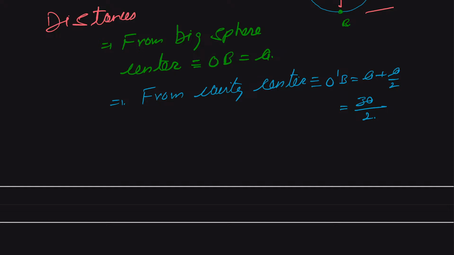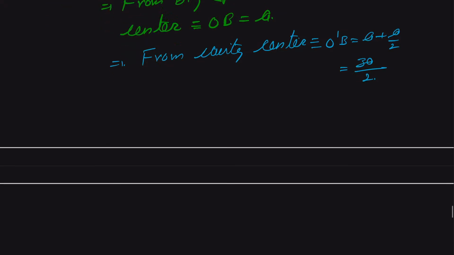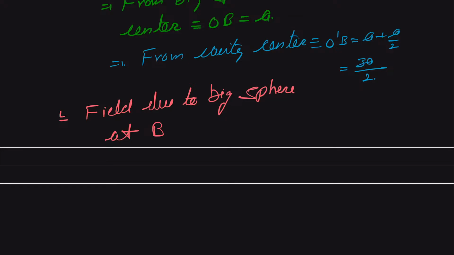Now the field due to the big sphere at B. For the big sphere, this point is on the surface, so the field due to the big sphere will be equal to rho A by 3 epsilon naught.